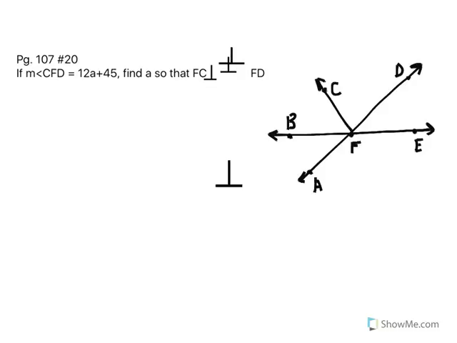It's page 107, number 20, and it says, if the measure of angle CFD equals 12A plus 45, find A so that FC is perpendicular to FD. This is the symbol for perpendicular, okay?